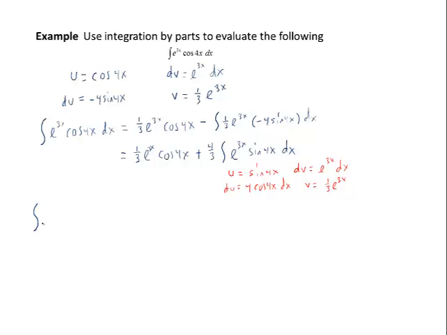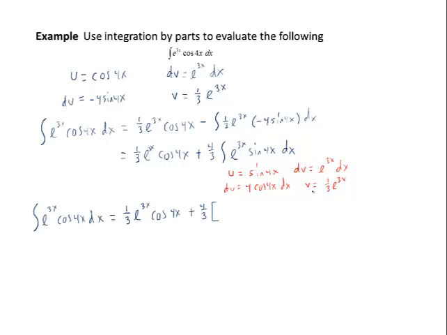Again, I write down the original problem, which is the integral of e to the 3x cosine 4x dx, and that is equal to, now our first iteration of integration by parts gave us 1/3 e to the 3x cosine 4x plus 4/3. And now I'm going to put a square bracket because I am now cranking this integral through integration by parts.